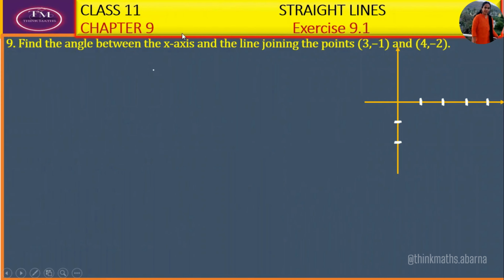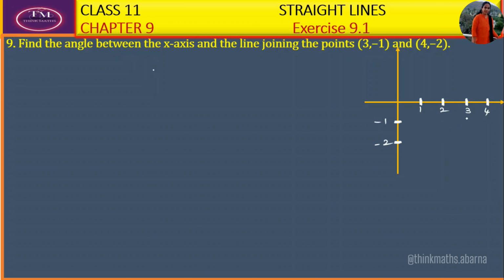Find the angle between the x-axis and the line joining the points (3, -1) and (4, -2). Okay, so first let us plot the points. 3 comma minus 1: so 1, 2, 3, 4, and this is minus 1, minus 2.